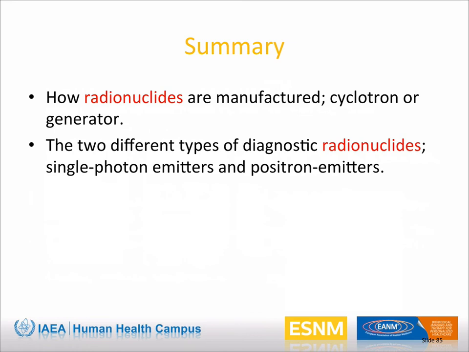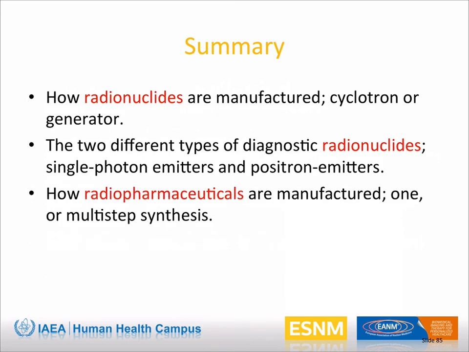The two different types of diagnostic radionuclides, single photon emitters, such as technetium-99m and indium-111, and positron emitters, such as fluorine-18 and carbon-11. How radiopharmaceuticals are manufactured, either by a one-step synthesis, such as sestamibi, or by a multi-step synthesis, such as fluorine-18 FDG.